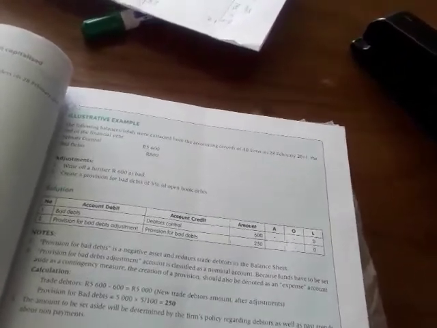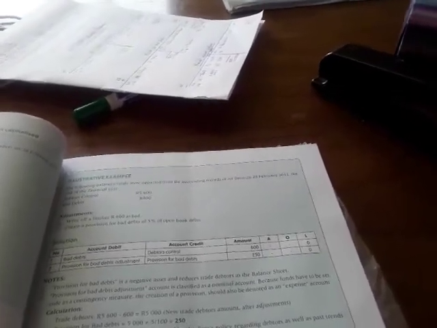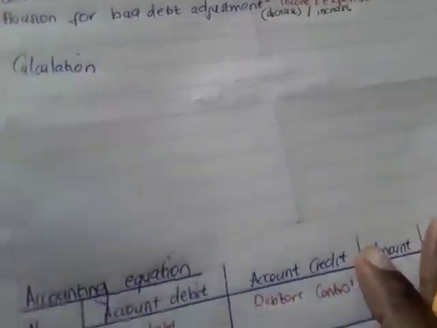Remember, two accounts: provision for bad debts adjustment, which can either be an income or an expense, and provision for bad debts, which is your negative asset, right? So let's get to the calculation.